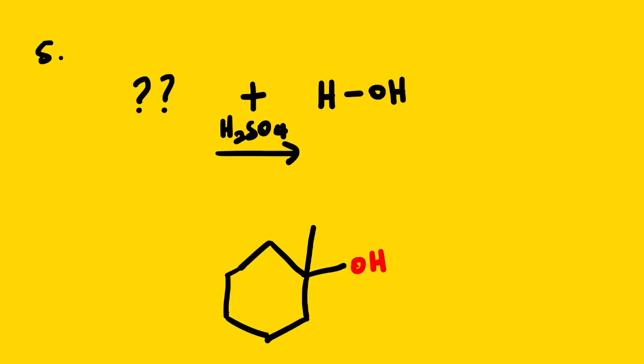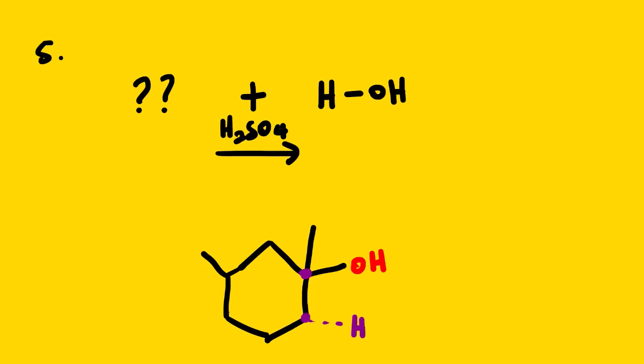Let me put another methyl here. So you can see that the possibilities are, maybe we have hydrogen here, which was added, and then it simply means that between this carbon and this one, we had a double bond, and somehow this one was the more substituted carbon compared to this one.